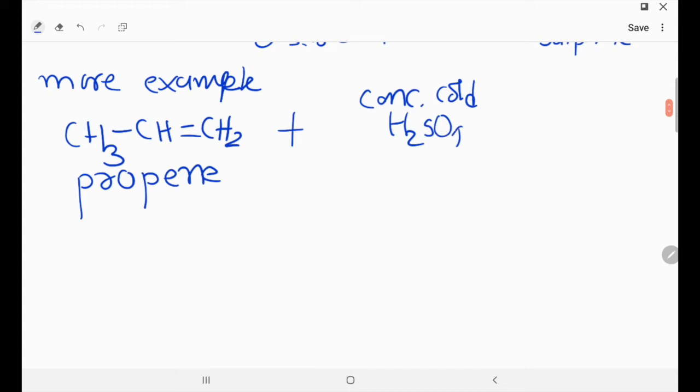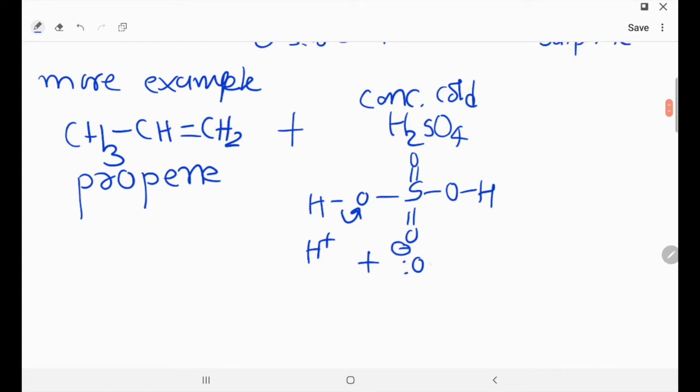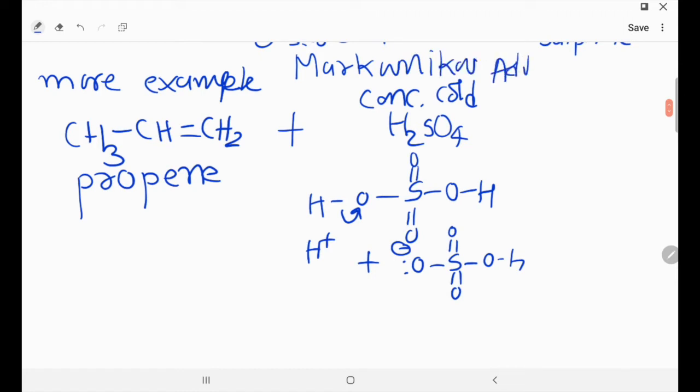Now what is the structure of H2SO4 that you already learned? S double bonded oxygen, one O, one H. Now what will happen? Oxygen will take this pair, H plus is generated, plus O minus, S double bonded oxygen, single bonded oxygen and H. Now here you have to follow Markovnikov addition.